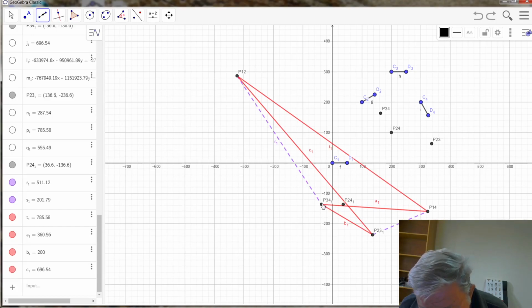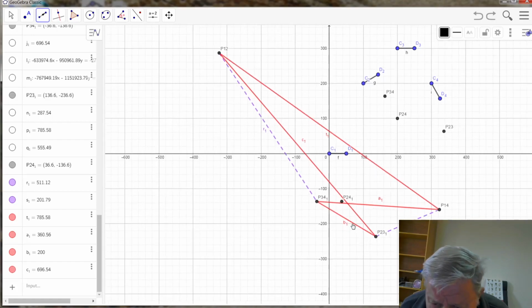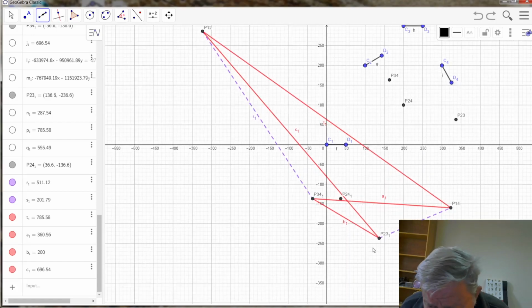This is side 3. This is side 1. Side 3 and side 1.